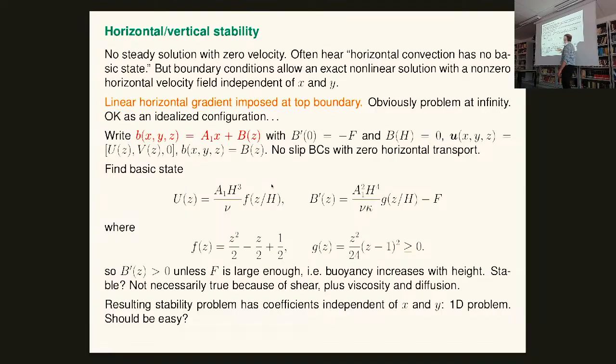But this is a problem because I can't just say, oh, my flow, it's cold at the bottom, warm at the top, therefore it's stable, because I've got this horizontal flow. We know that shear flows can be unstable. And plus I've got viscosity and diffusion, and we know there are systems where diffusion can destabilize a basic state. So we have an interesting question, is it stable or not? And it's a 1D problem, so we're feeling pretty good about our chances here.